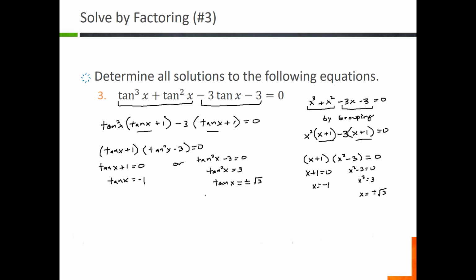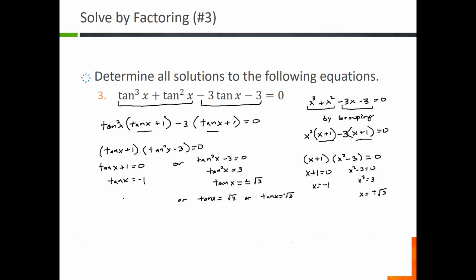And let's split that apart now. So that means we have or the tangent of x is equal to a positive root 3, or the tangent of x is equal to a negative root 3. Okay, so in this example, we actually have 3 equations that we need to check their solution. And then we want to express all of our answers.